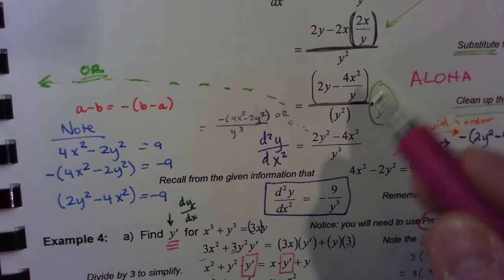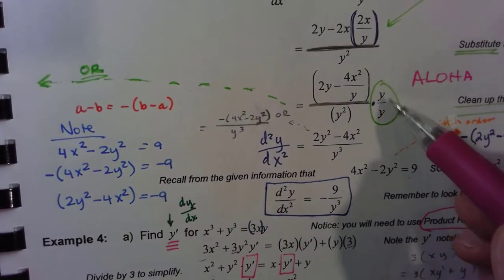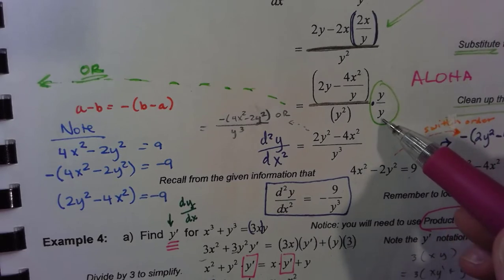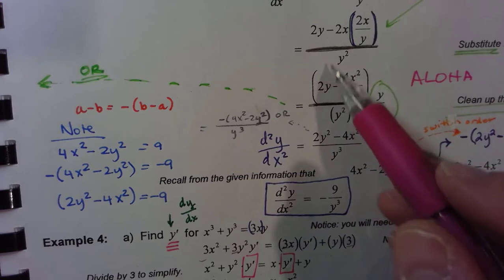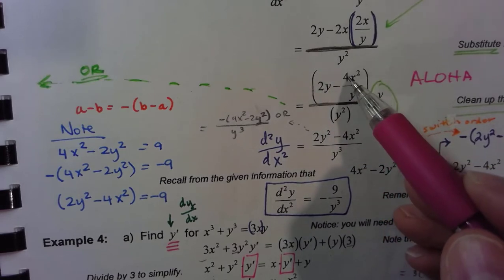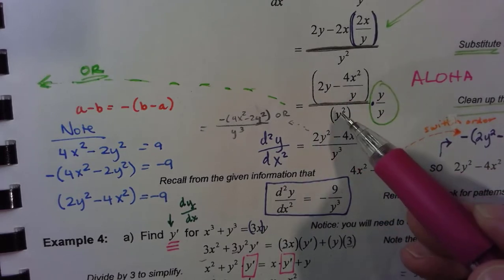Another way to have worked this out, if you didn't see that you could multiply by y over y, is to think about the fact that this is 2y minus 4x squared over y divided by y squared.